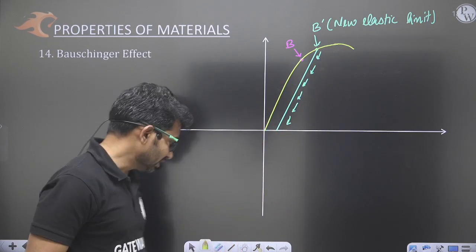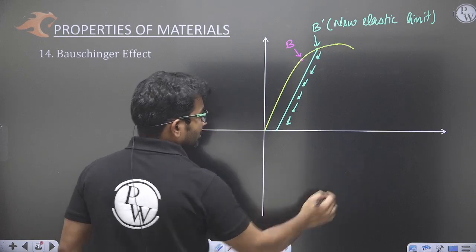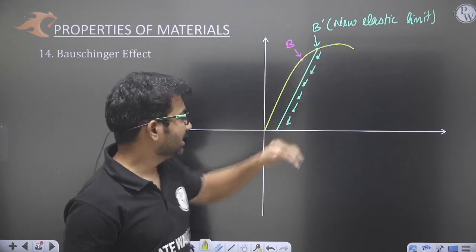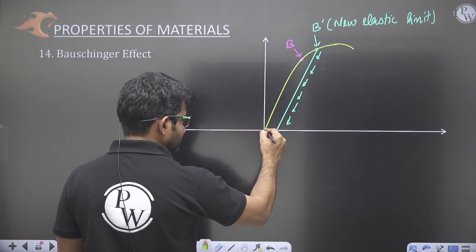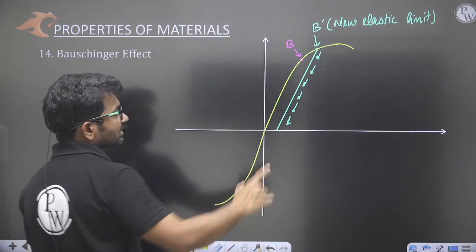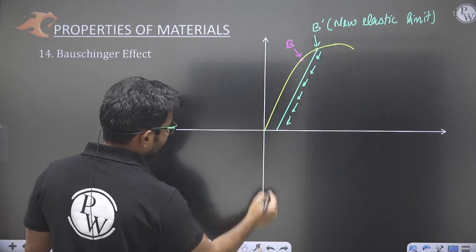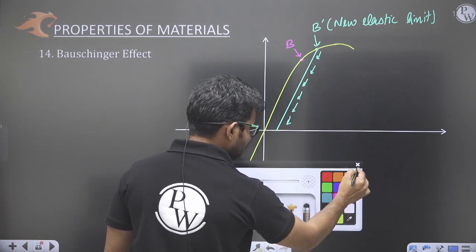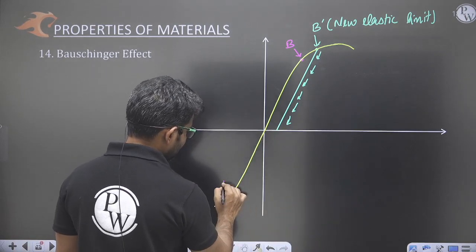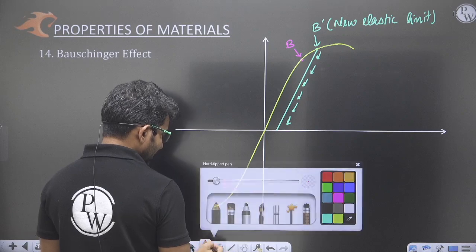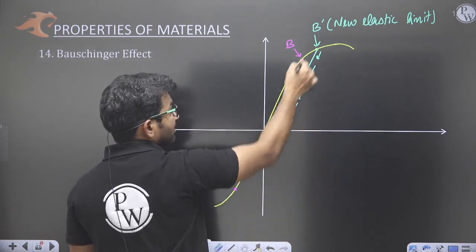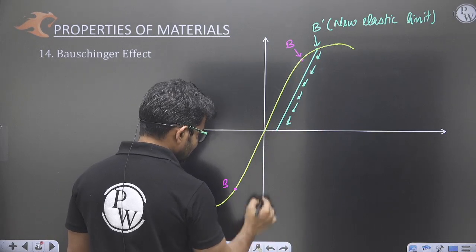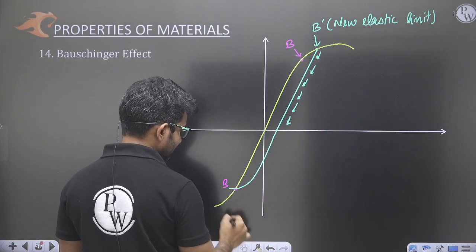What Bauschinger pointed out is that when you have raised the elastic limit in one direction of loading, in the other direction, let us say this was tension, what will happen in compression? Earlier the elastic limit was this much, but now that I have increased the elastic limit in tension, my elastic limit in compression has reduced. This is the Bauschinger effect. This is the new elastic limit. So when I am cold working, the elastic limit in tension is raised, but because of that, the elastic limit in compression has reduced.